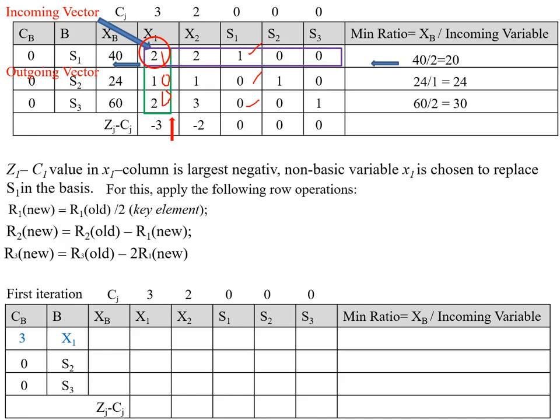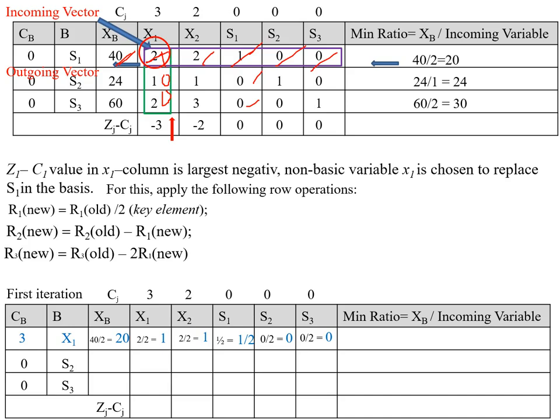R1 old elements are 40, 2, 2, 1, 0, 0. Divided by 2 gives the R1 new elements: 40 by 2 equals 20, 2 by 2 equals 1, 2 by 2 equals 1, 1 by 2, 0, 0. So these are the R1 new elements.